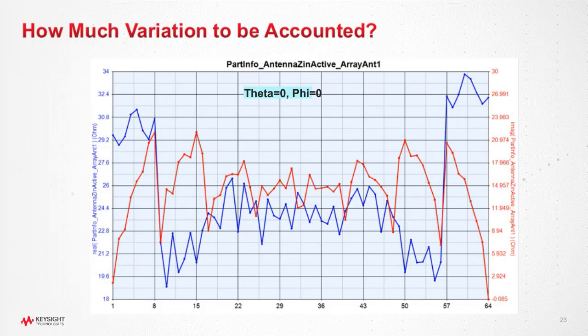The antenna element number is shown on the x-axis, and the y-axis on both left and right represent the impedances, real and imaginary parts. As we can see here, we are measuring this impedance at each element for a beam angle of theta equals 0 and phi equals 0.